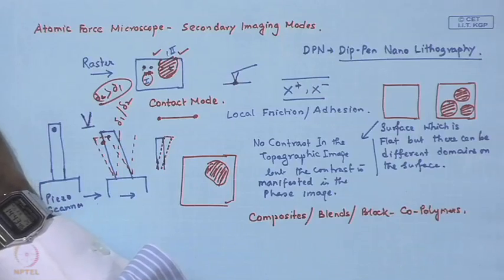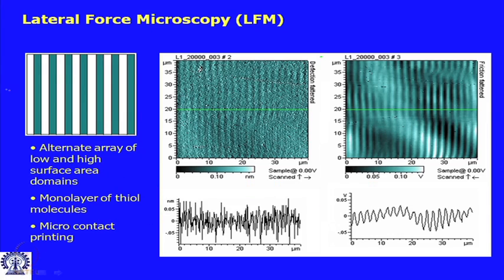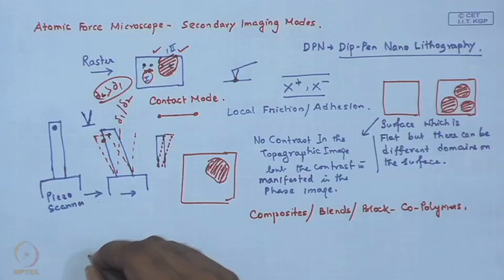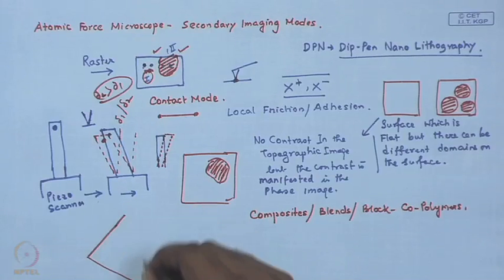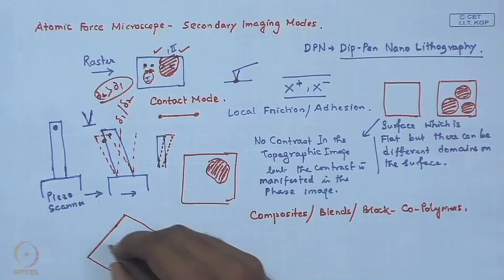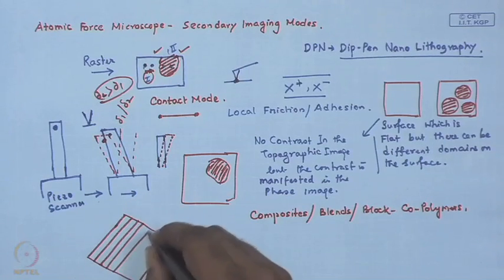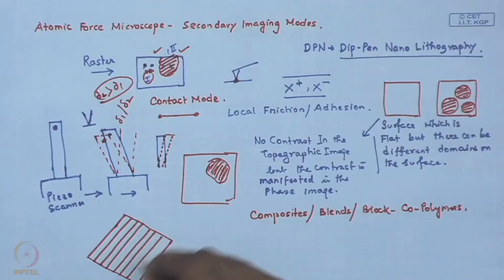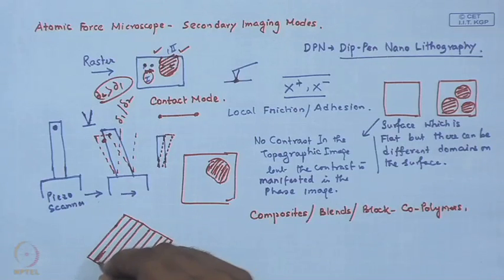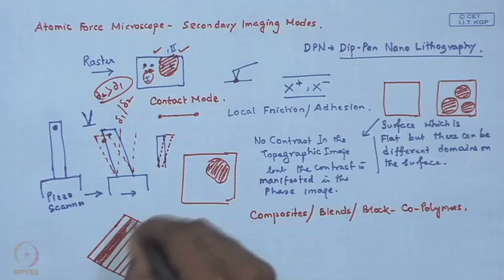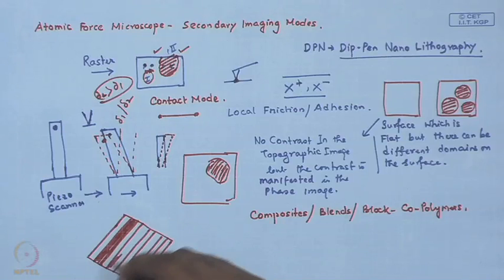And exactly, the other important aspect: when we were talking about microcontact printing, I showed this image, if you remember, 5-6 classes before, and I said I will discuss this in detail. So, microcontact printing, if you remember, we talked about making a surface which is chemically patterned. So, there is no topography, it is virtually a flat surface, but you have isolated domains here which have, let us say, higher or lower surface energy.